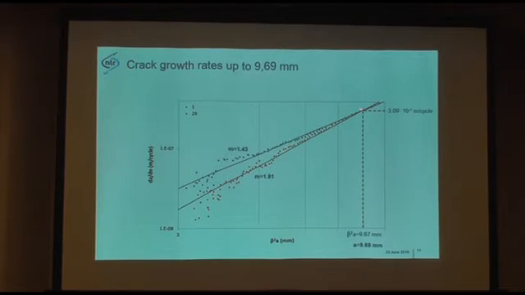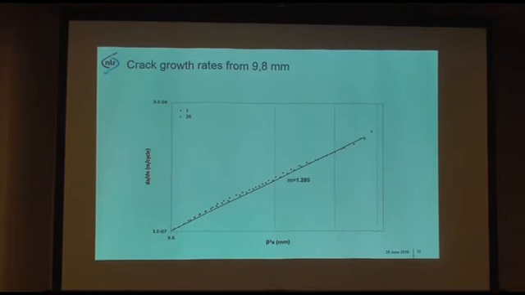So here we have a pivot point, and as I mentioned, this is at about 10 millimeters, and from 10 millimeters onward you get the same rate and also the same slope, and we can quantify it with 1.85.